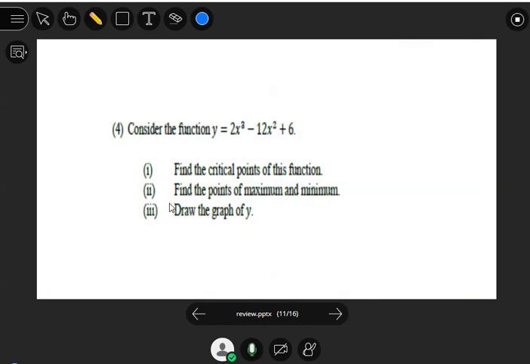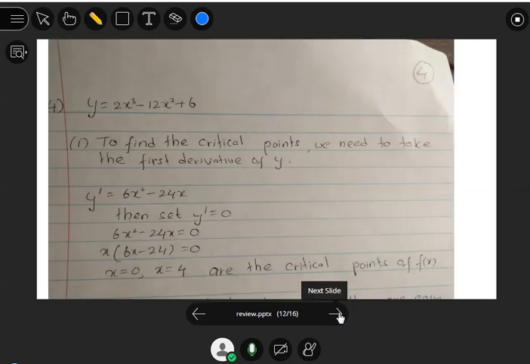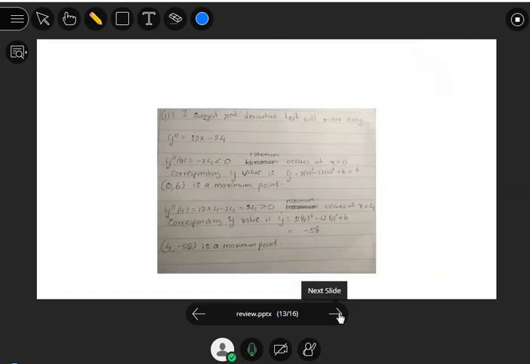In part 2, it is asked to find the points of maximum and minimum. Here you can use the first derivative test or the second derivative test, but I suggest the second derivative test because it is easier. First take the second derivative, so it is 12 times x minus 24, then plug in 0, and it becomes negative 24.